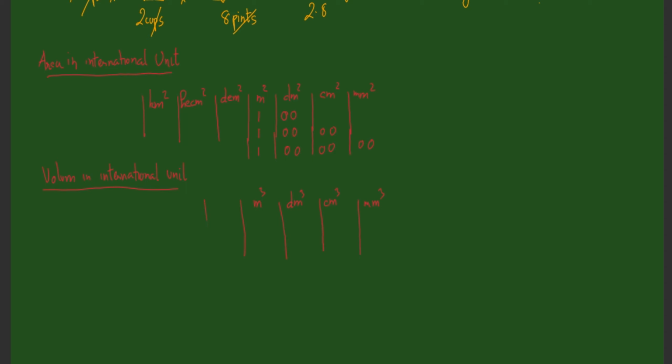Then over here we have decameter cube, hectometer cube, and kilometer cube. Kilometer cube is just big. So instead of having two 0s, we have three 0s per column, and here we have six 0s. So each column is three 0s. Remember that.